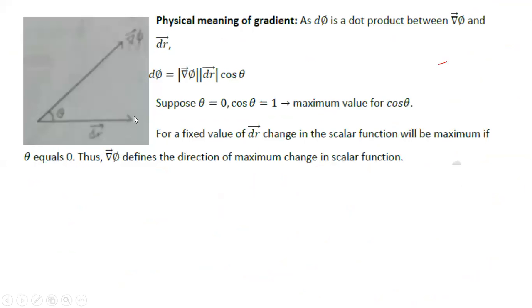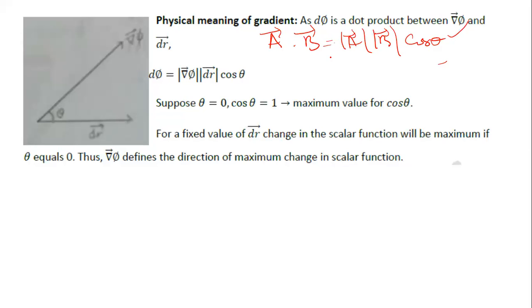All right. Now let us try to understand the physical meaning of gradient. Any change in phi is a dot product between grad phi and dr. If you take a dot product like this, a dot b is actually magnitude of a, magnitude of b, and cos theta, where theta is the angle between a and b vector.